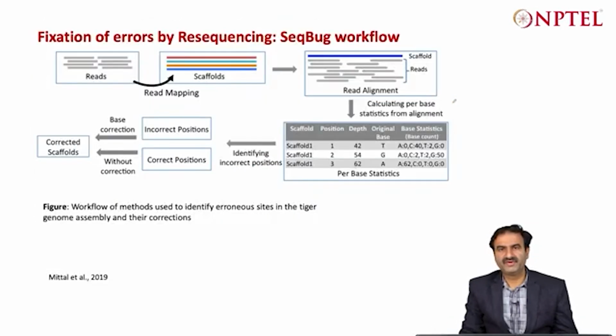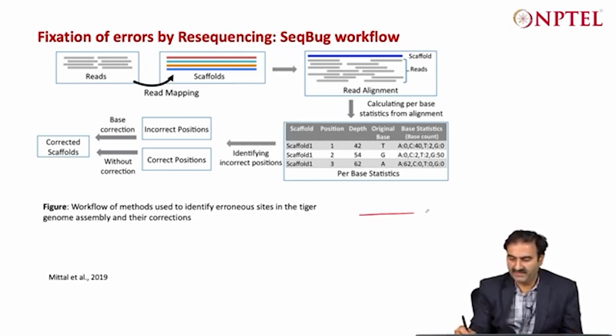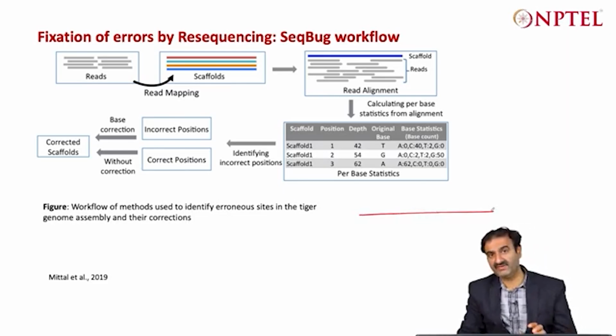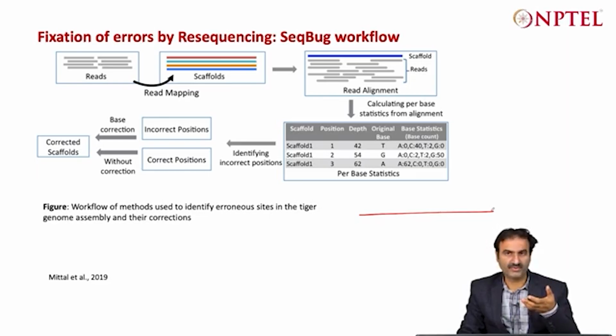Okay, other approaches are also available, such as SeqBug, which was used to correct errors in the Tiger genome. The idea is the same: an assembly already exists, but you think that assembly has errors because, when doing the analysis, the genes you are getting from that assembly have premature stop codons, or truncated CDS because of stop codons in the CDS.